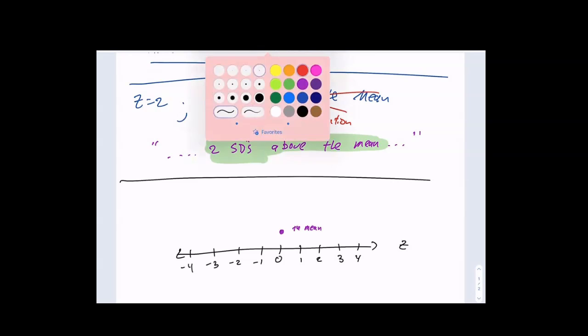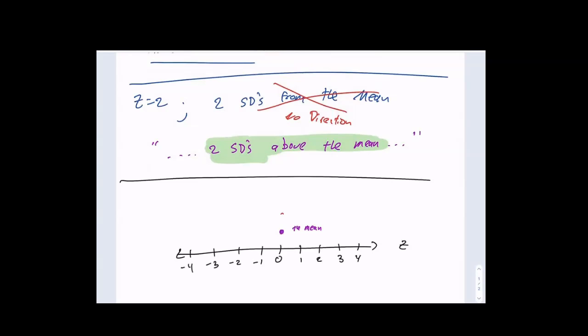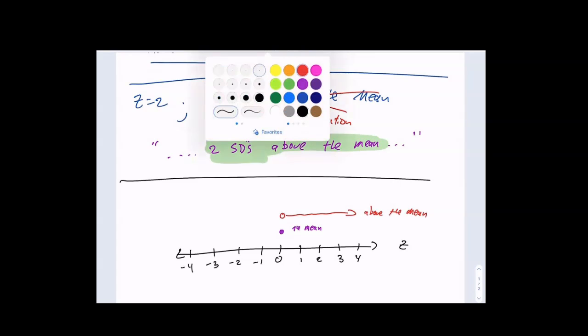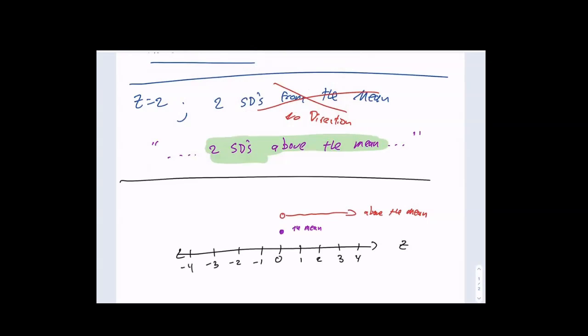If we have a number that is greater than 0, this means, of course, above the mean. If we have a z-score of greater than 2, this is a high outlier.